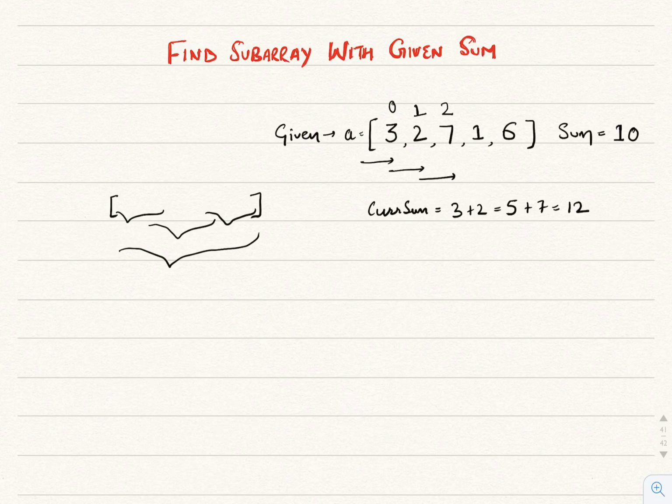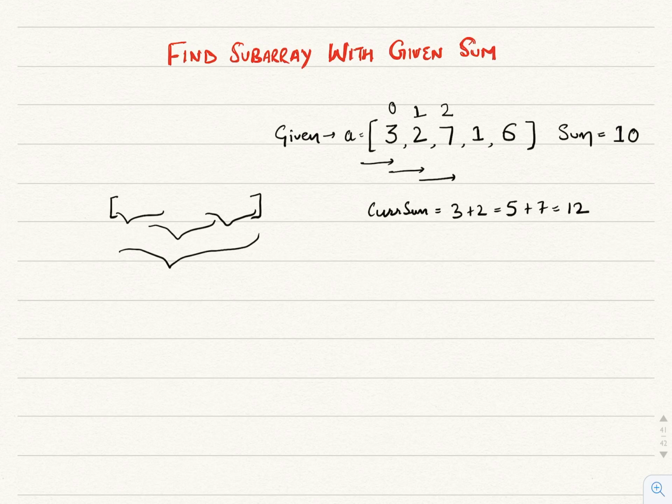So the cases which this solution will handle are the case when we have a subarray which starts at the starting index of the array, which is this one, and the case where the subarray is the whole array itself, which is this one. So now we have to find a solution which will cover these other two cases.